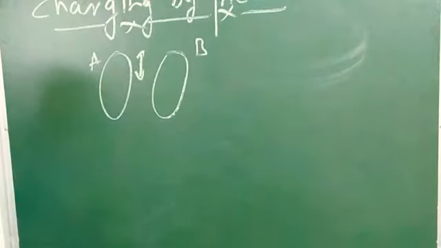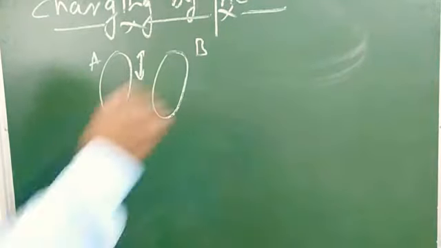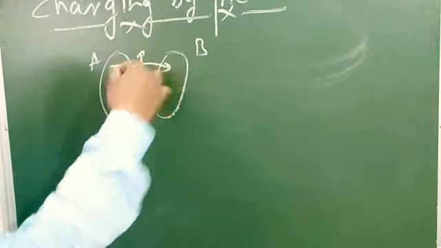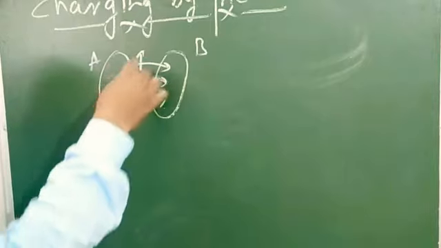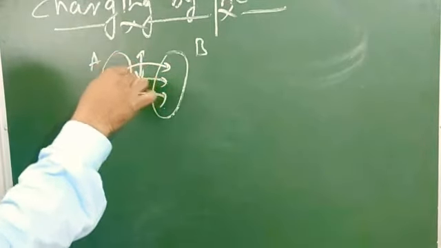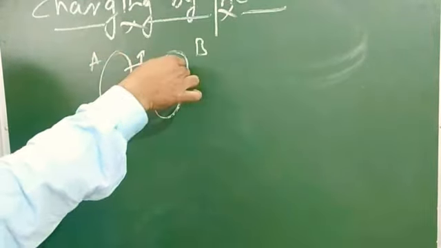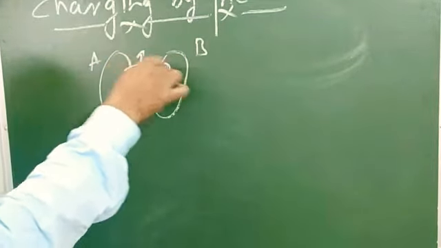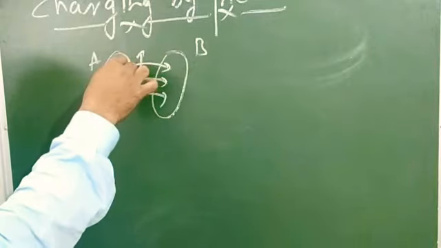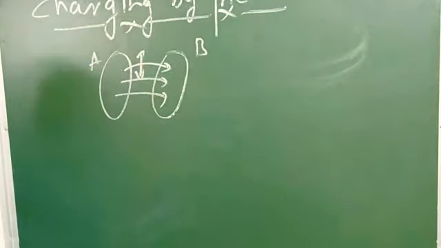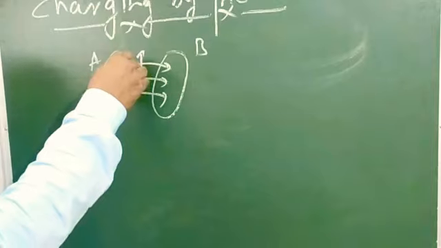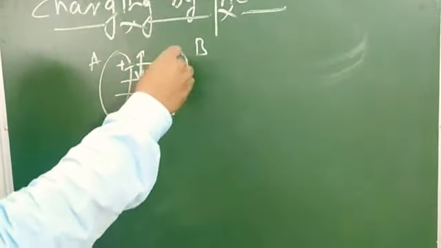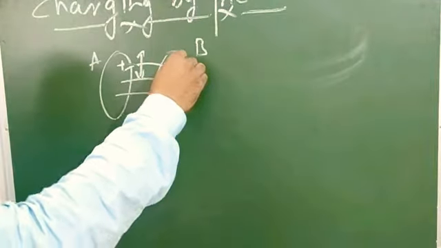The electrons which are loosely bound are transferred from one body to the other. Suppose electrons are loosely bound in body A, hence the electrons first detach from body A and move to body B. Because of the transfer of electrons, there will be a deficiency of electrons in body A, hence body A will be positively charged and body B will be negatively charged.